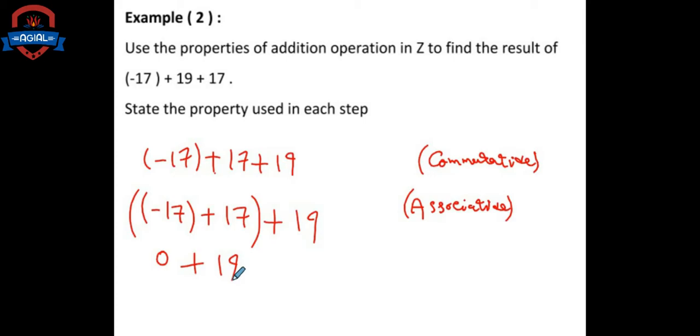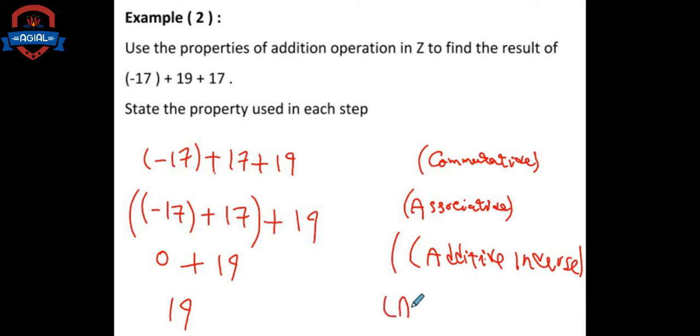This is the additive inverse. And now 0 plus 19 equals 19. And now we used the additive identity.